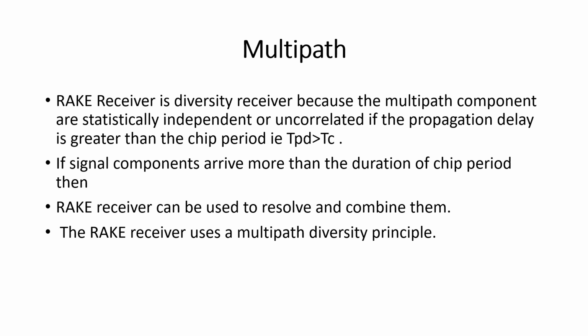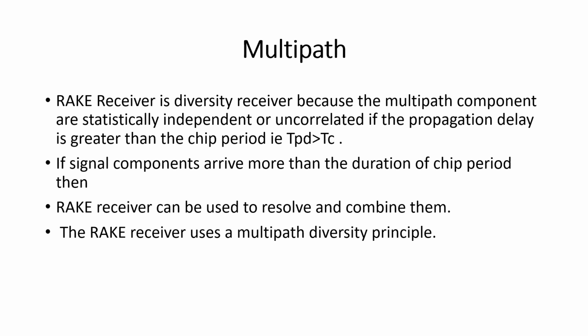If T of PD is greater than TC, that is, if the propagation delay is much greater than the chip duration, or at least equal to TC, then in that case the several multipaths will be highly uncorrelated. So it will be easier to catch these uncorrelated signals or frequency components.